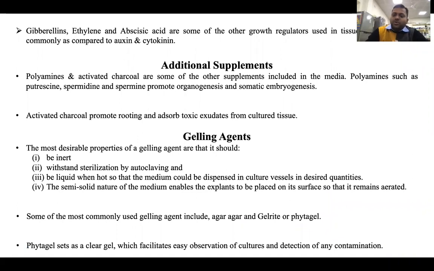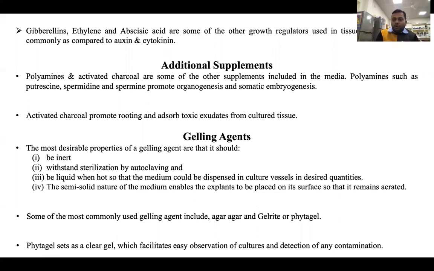So it is not used in all the cases, like we generally don't use it, but say for example, in some tricky situations or in some plant tissue culture conditions where the plant is not propagating, there is no organ development taking place, organogenesis is not happening or embryogenesis is not happening. In that case, this is part of the optimization.